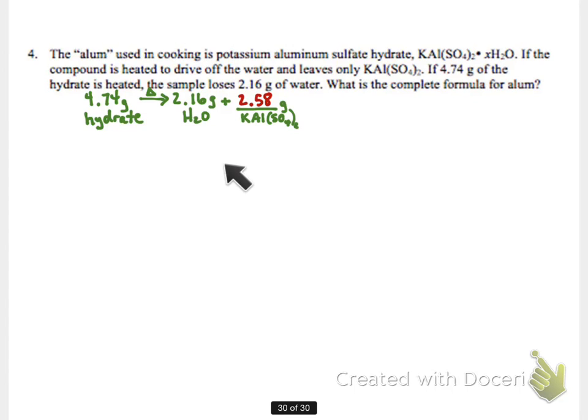So the subtraction, 4.74, subtract out the water and you get the grams of potassium aluminum sulfate. So that's going to be the first step.